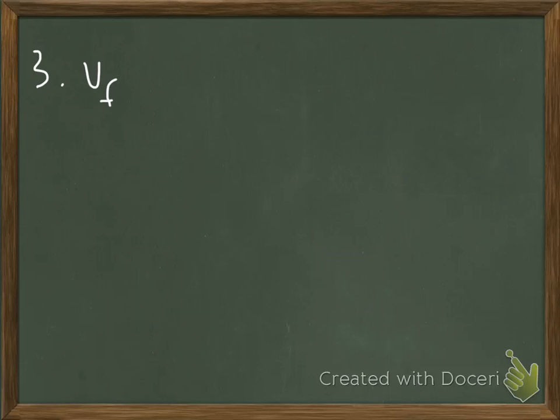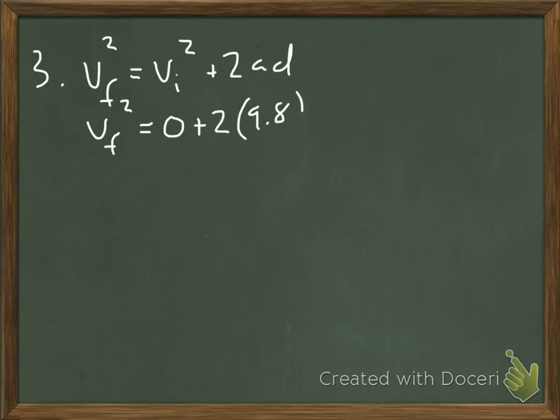Question number 3, we have a swimmer who's jumping off and we need to find the velocity when he hits the water. So I can use my vf squared equation here. The velocity initial is 0 because we're just starting from rest on a diving platform, then we're jumping off.